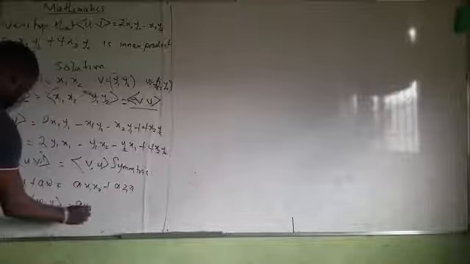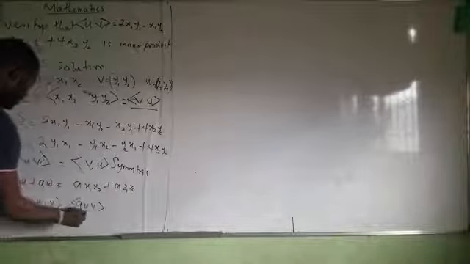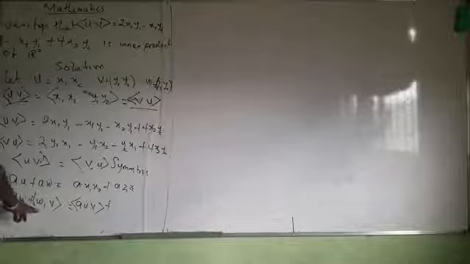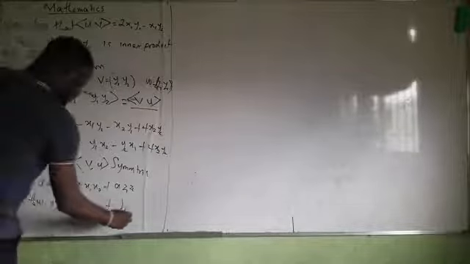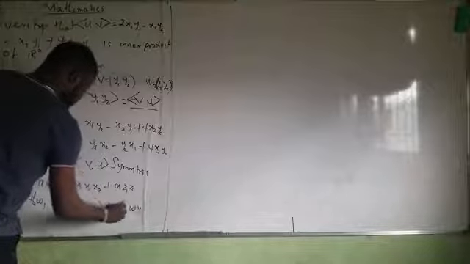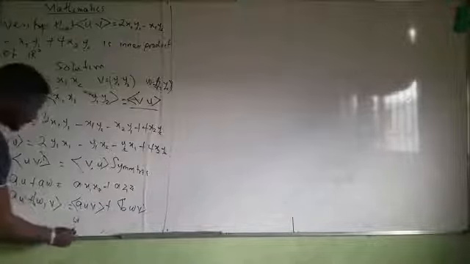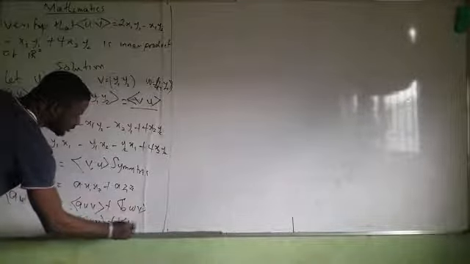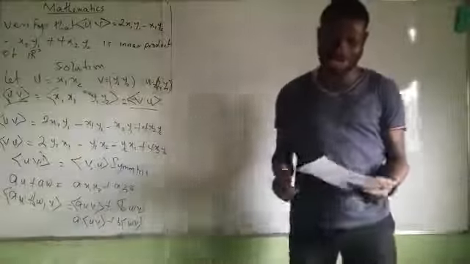This will surely be equal to a<U, V> plus b<W, V>. This can also be a times the bracket of UV plus b times the bracket of WV. Now, that is verified. Can you see that it's very, very simple and very nice.